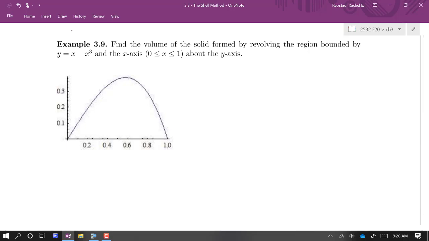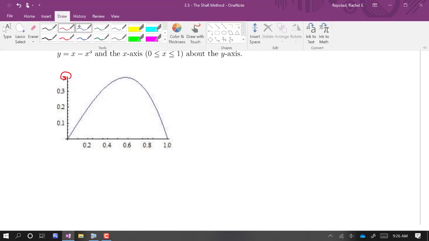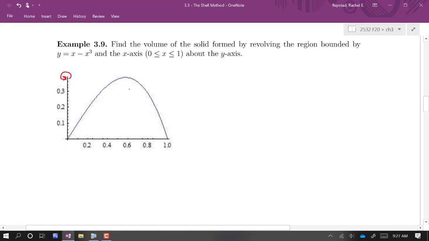We need to know what it looks like in order to see what kind of rectangles we need to draw. Our axis is the y-axis. They don't say use the shell method, but if we're going to use the shell method, we have to draw rectangles that are parallel to the axis of revolution. So that means we're going to use vertical rectangles.